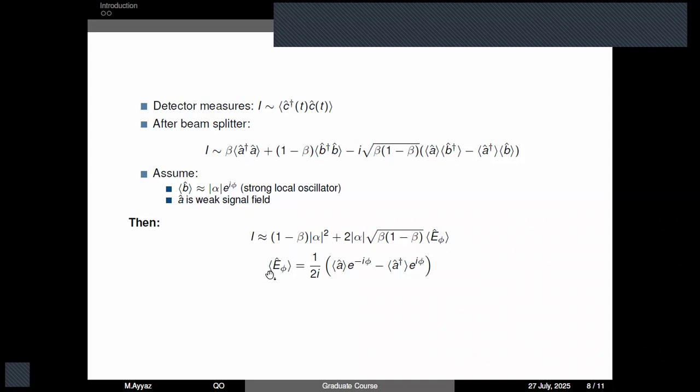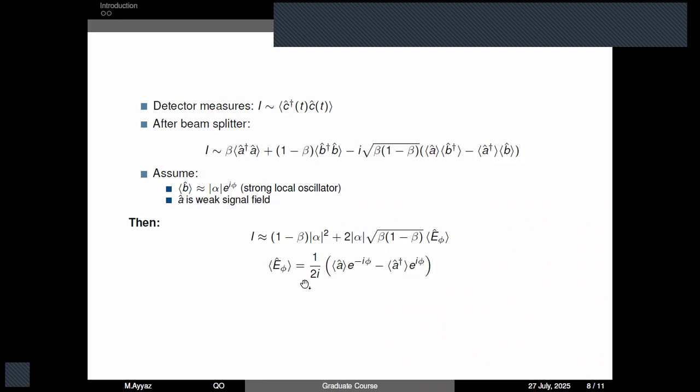We can see that this expectation value is related to the phase of the local oscillator. By changing the phase of the local oscillator, we can change this quantity, and you can see that it is giving a sense of the expression of the quadratures of the field.